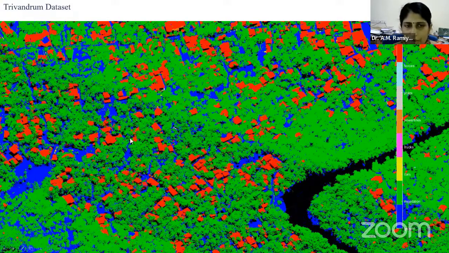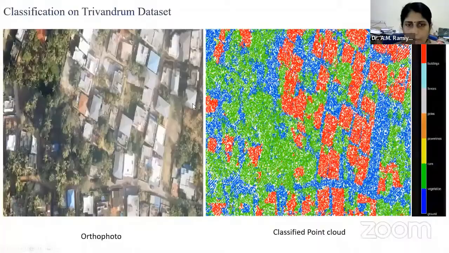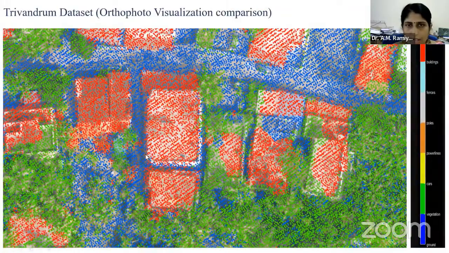That is the first step. We have overlaid the classified data over the orthophoto, and we have got very interesting and very positive results. This is just the visualization.